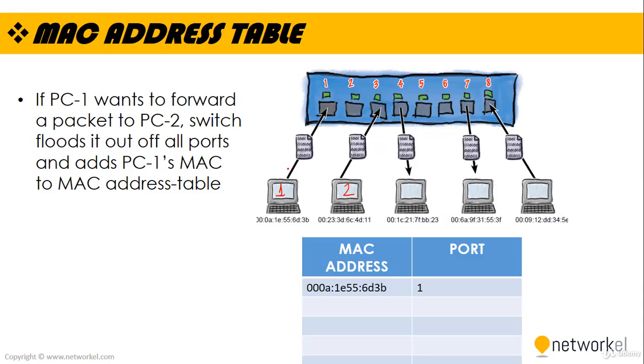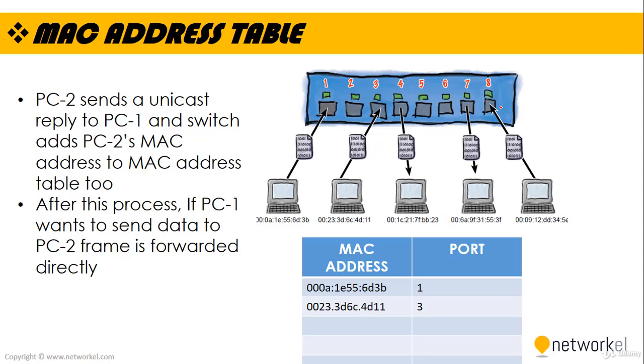What is going on here is that PC1 wants to communicate with PC2. The switch checks the frame, then checks the MAC address and immediately adds PC1's MAC address to the MAC address table, saying, hey, on my first port I have this MAC address, and it wants to communicate with this MAC address, but I don't have this MAC address in this table, so I'm flooding the request out from all my ports.